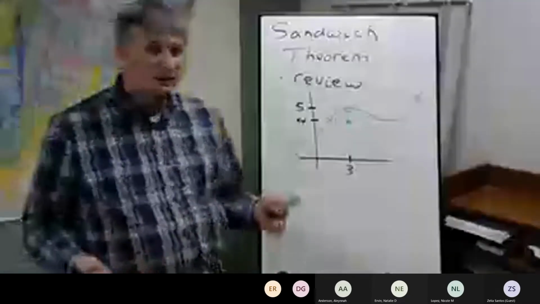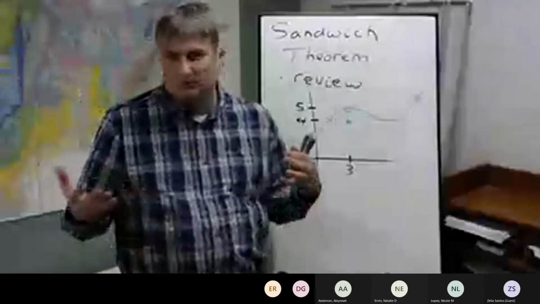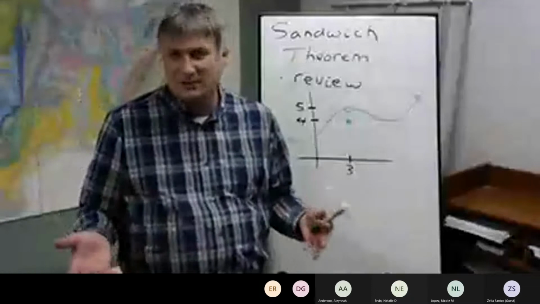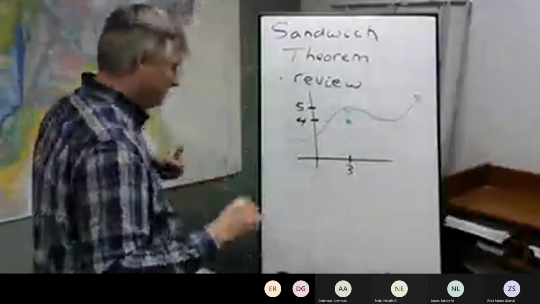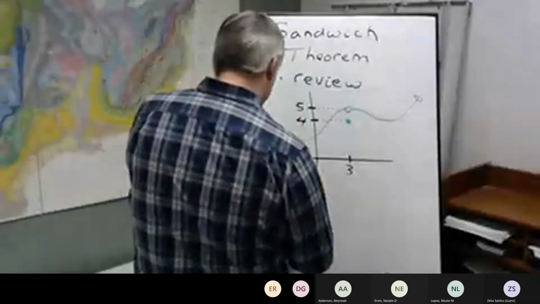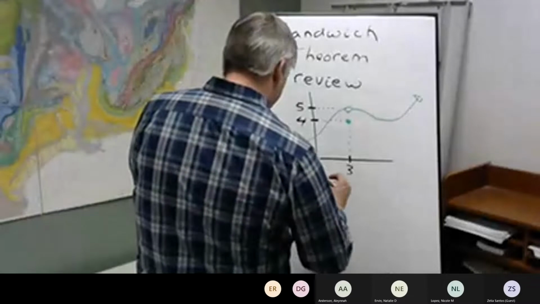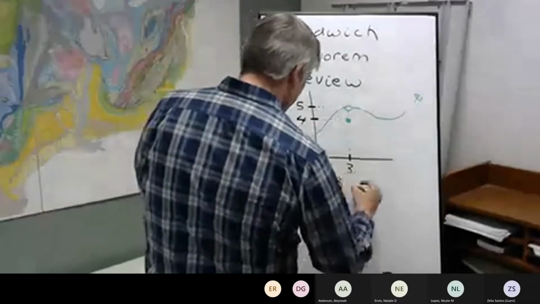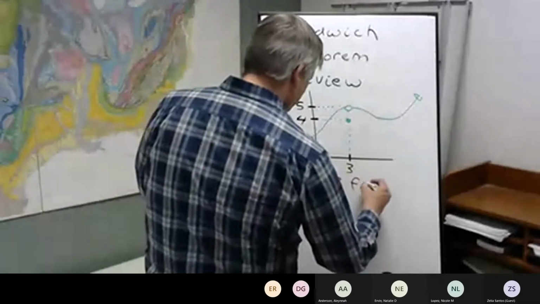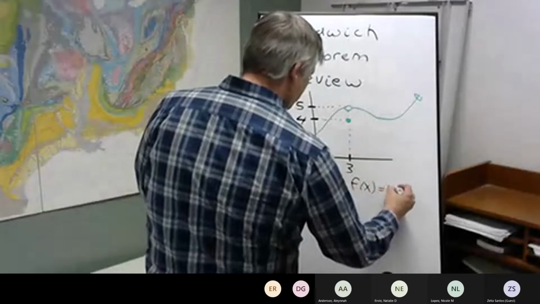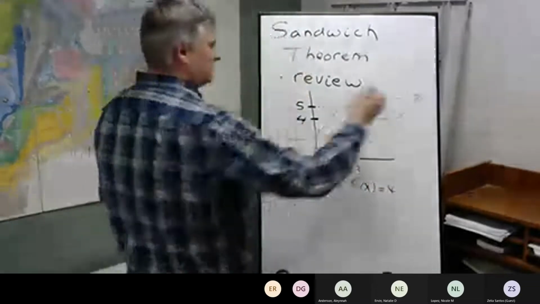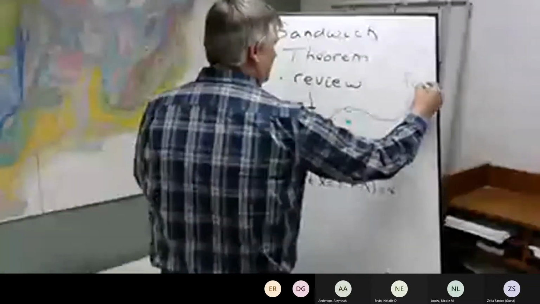So the difference between a limit and the actual value when x is at some number is, at x equals 3, f of x is equal to 4. So this is our f of x.